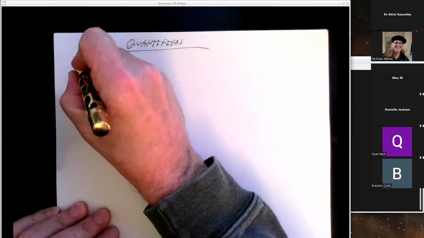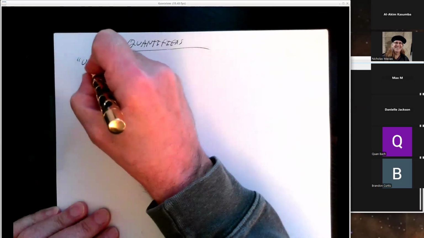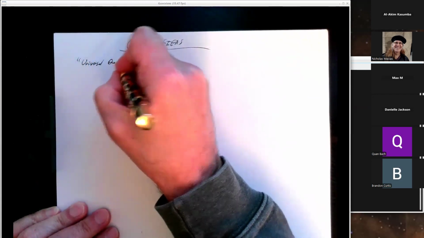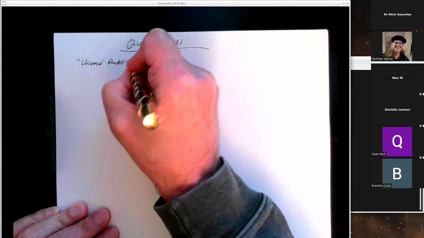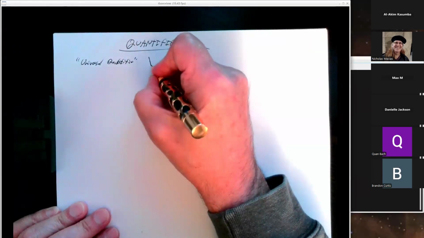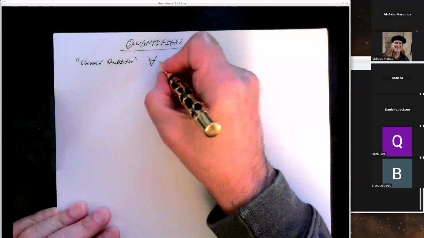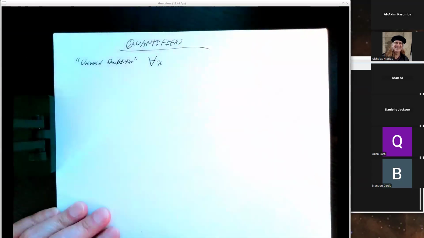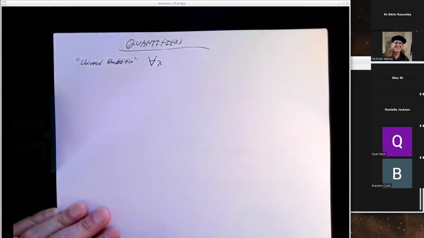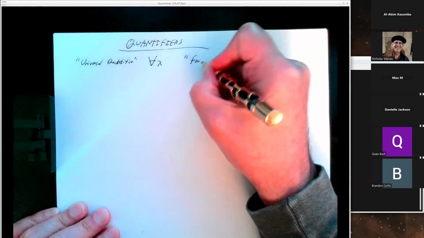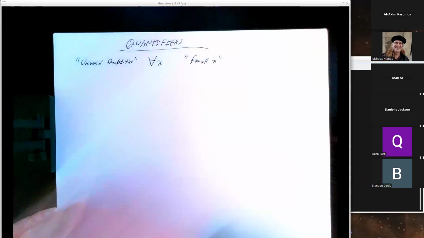We have something called the universal quantifier. And we write the universal quantifier as an upside down A, followed by some variable. And this we can translate as for all x.